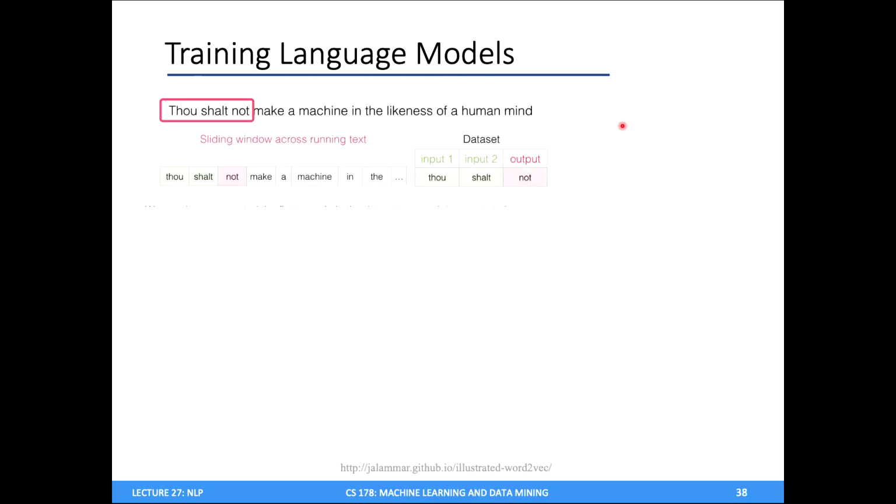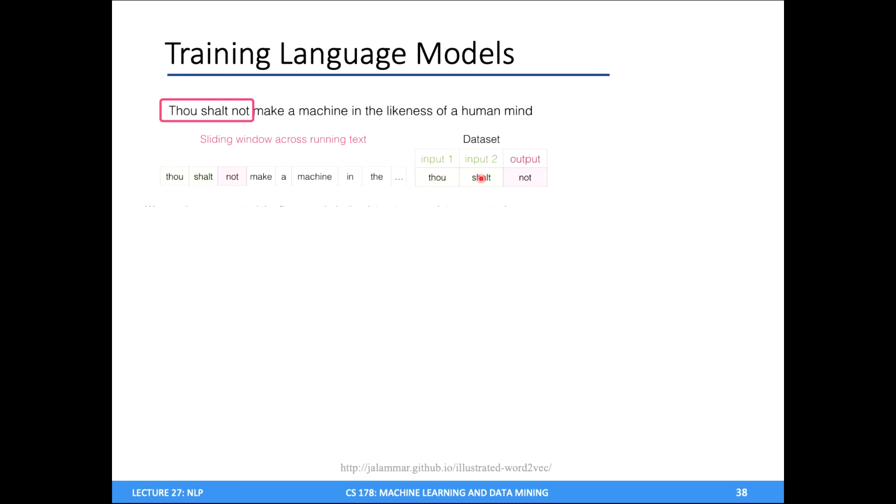To actually create training data for our models, what we do is we go out and collect tons and tons and tons of data, and we do this same sliding window thing we saw for word2vec. Except now, rather than trying to predict co-occurrence, we're trying to just predict the next word in the sentence. So maybe my model takes in 2 words at a time as context and tries to predict the next word. So the first bit of my sentence here is thou shalt not.